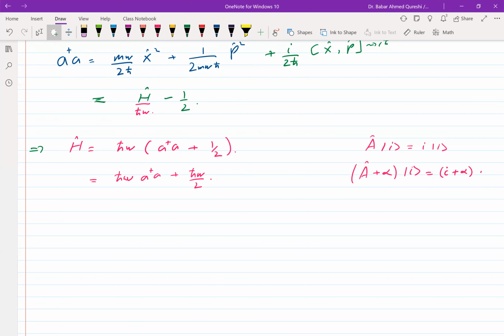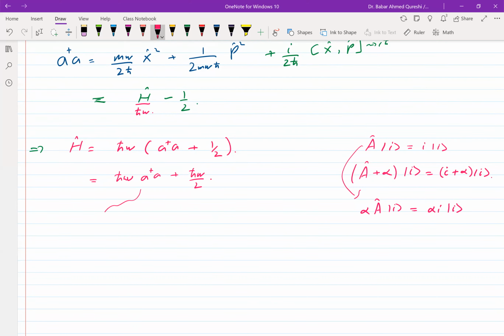Thus the eigenenergies are shifted. Similarly, if I replace this operator by alpha A, those are still the eigenstates. Eigenvalues are just multiplied.